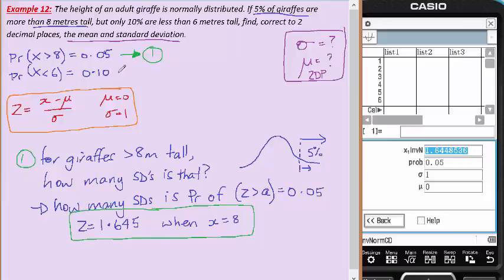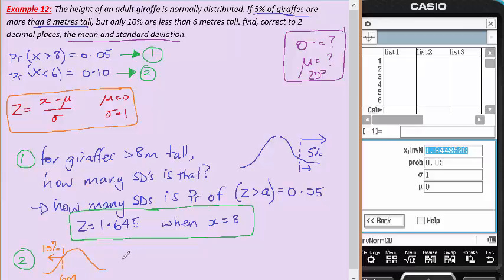I'm going to do the same for this second piece of information. For giraffes that are less than 6 metres tall, I have 0.10, so a 10% chance that they're less than that. If I draw their curve, there's going to be a point here that's 6 metres, and I'm going to get 10% of my data.